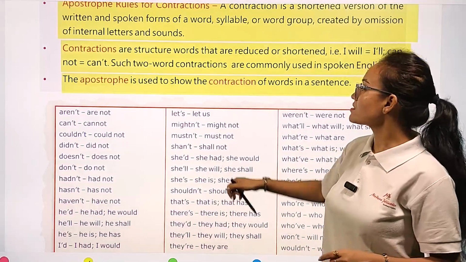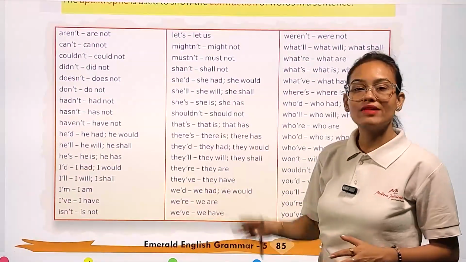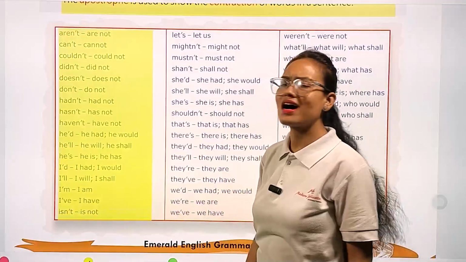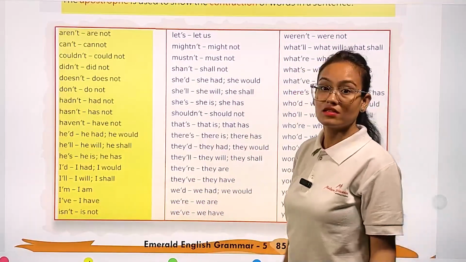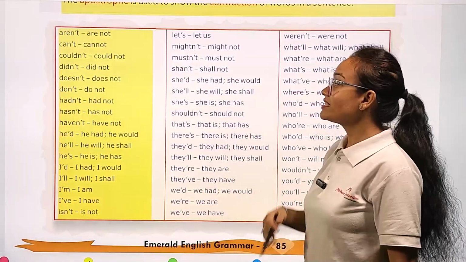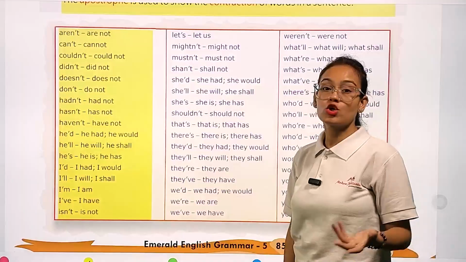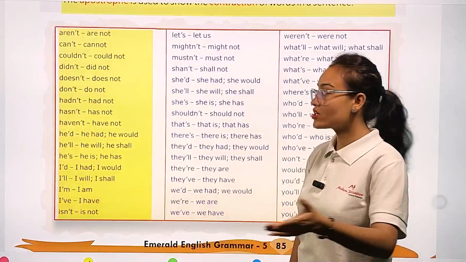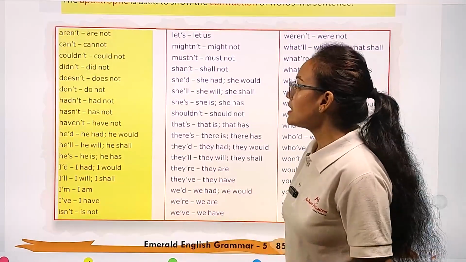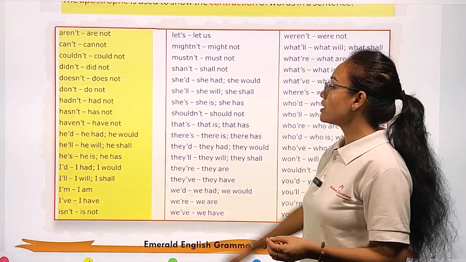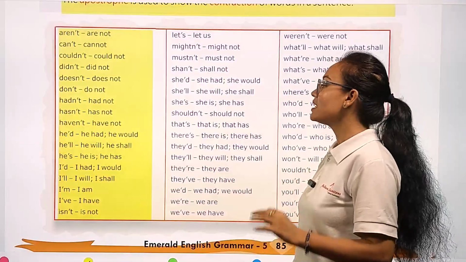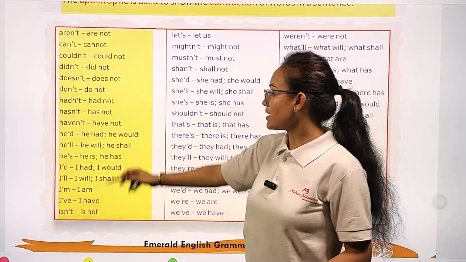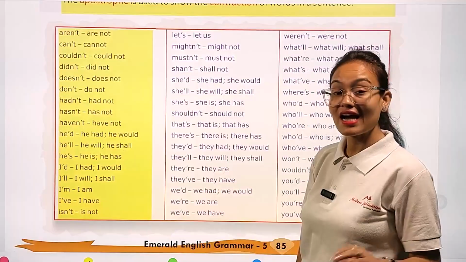So in this table, my dear students, you can see many contracted words, like aren't, are not, can't, cannot, couldn't, could not, didn't, did not, doesn't, does not, don't, do not, hadn't, had not, hasn't, has not, haven't, have not, he'd, he had or he would, then he'll, he will or he shall, he's, he is, he has, I'd means what?